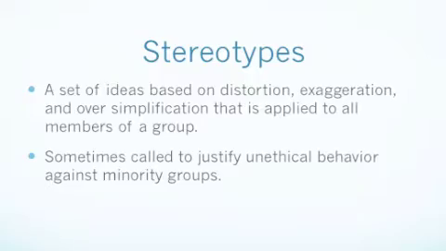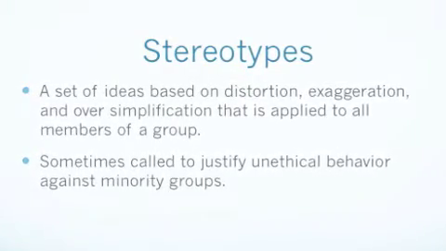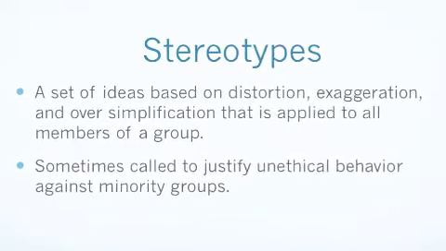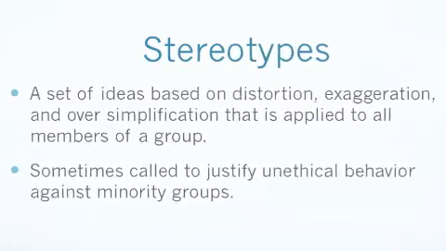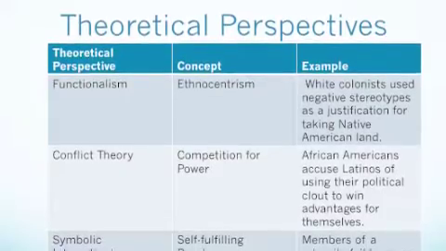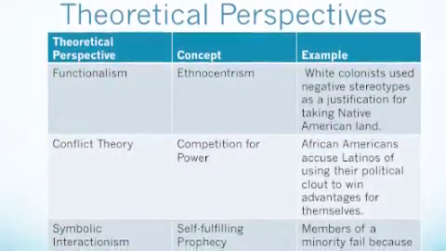Stereotypes are a set of ideas based on distortion, exaggeration, and oversimplification that is applied to all members of a group, sometimes used to justify unethical behavior against minority groups. According to functionalism, ethnocentrism can create a feeling of superiority within the majority group, which can in turn strengthen self-concepts from both groups.